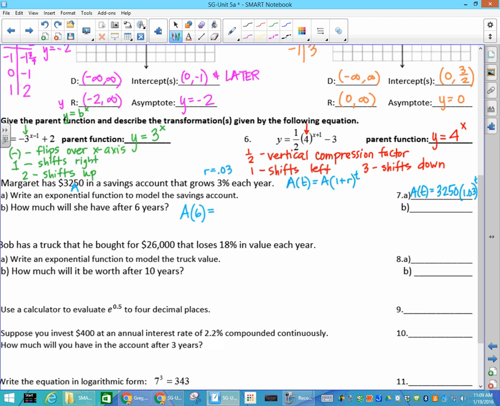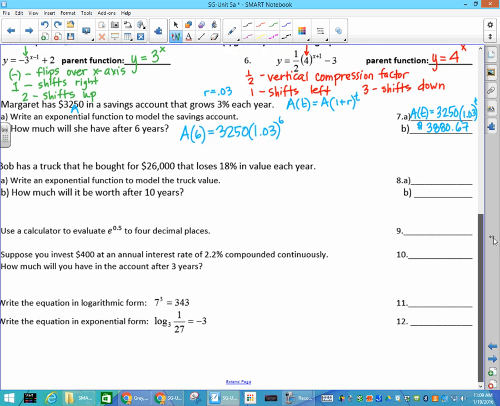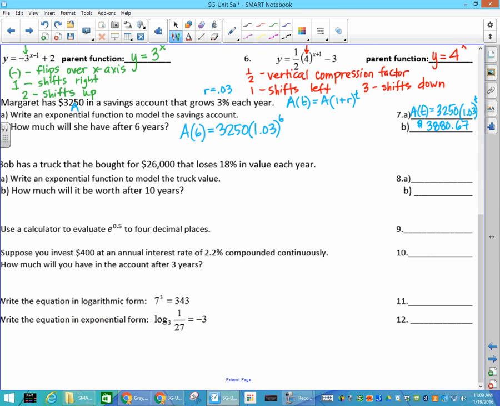A of 6 equals 3250 times 1.03 to the 6th. So put that in your calculator. Okay, it is money, so you should give me your answer to the nearest cent. So that would be $3,880.67. Again, if you have calculator questions, you can email me or come see me in the morning before school.